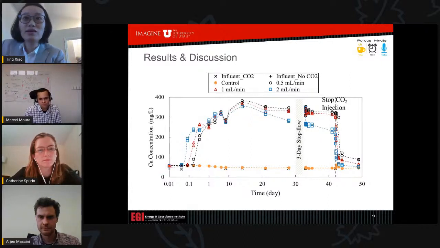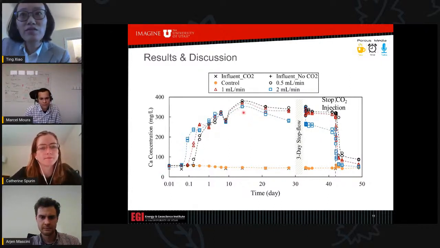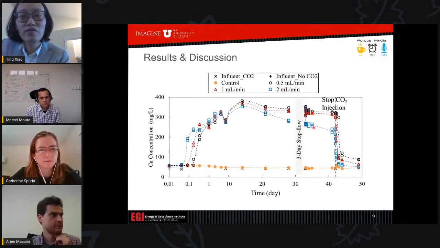And to be noticed, with a higher flow rate, calcium concentration drops in the later stage of the experiment. We interpret that it is because of the loss of surface area of calcite. Even after the experiment, we still found a good amount of calcite in the sediments.